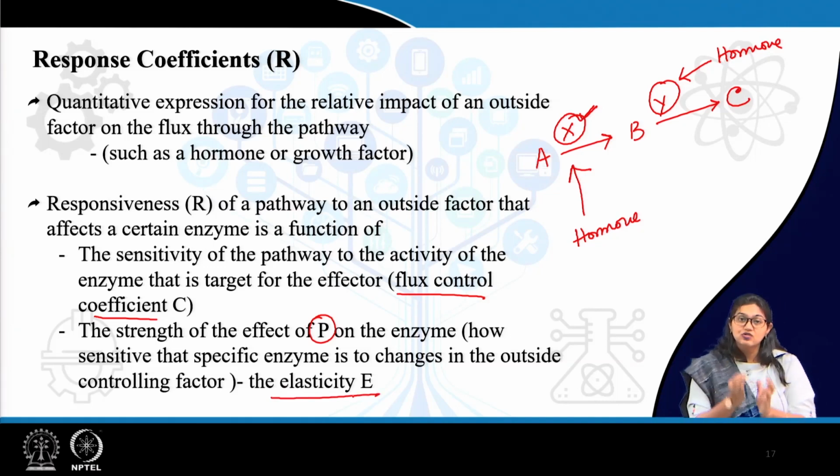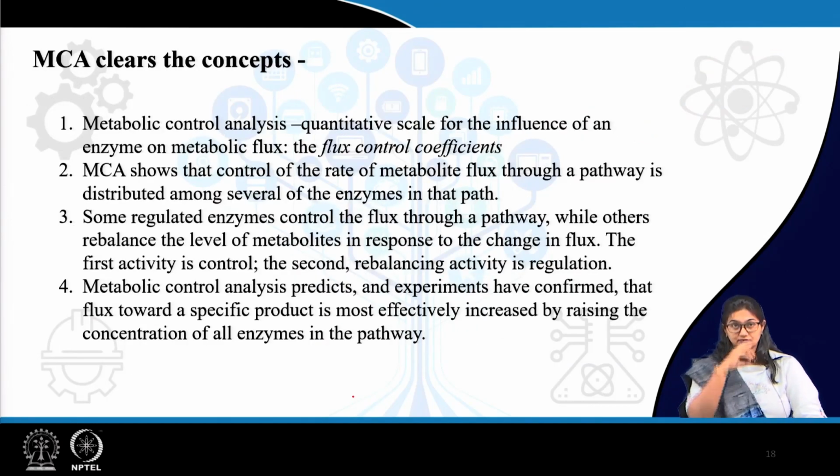So, basically the strength of the outside effector, how much it affects the enzyme is decided by elasticity and that decides the responsiveness. So, both the flux control coefficient as well as the elasticity coefficient, they decide the responsiveness of the pathway. So, it regulates the response coefficient.